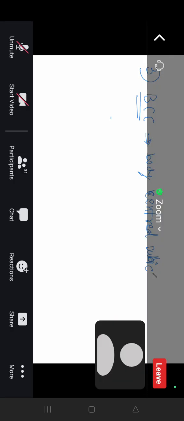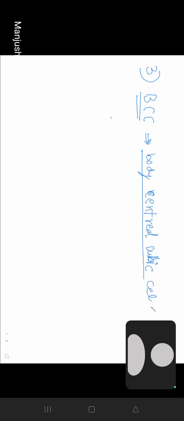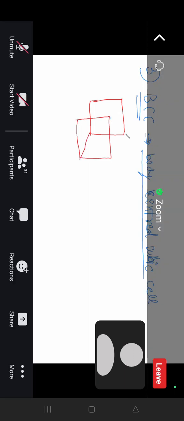Body centered cubic cell. Okay. Again we have to draw the diagram. Body center is little bit difficult.